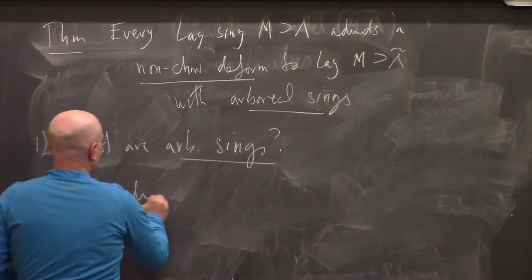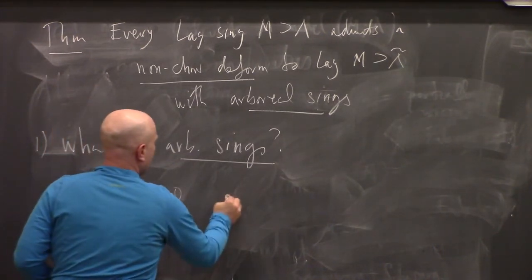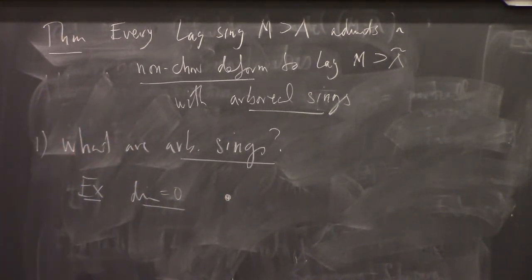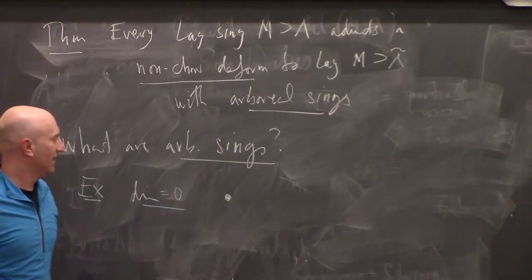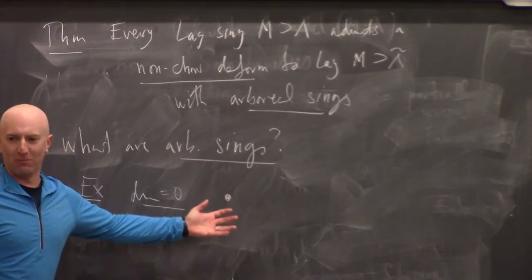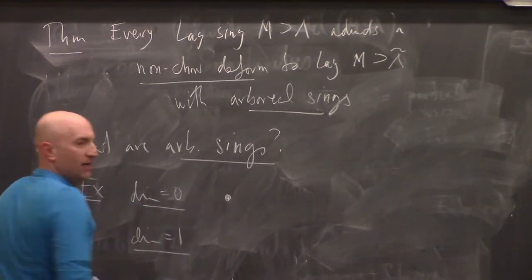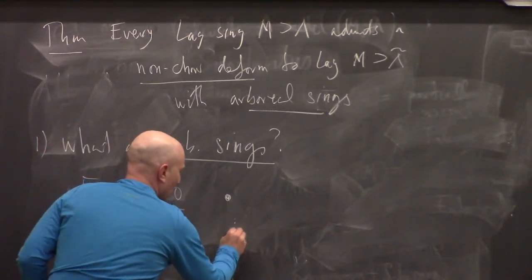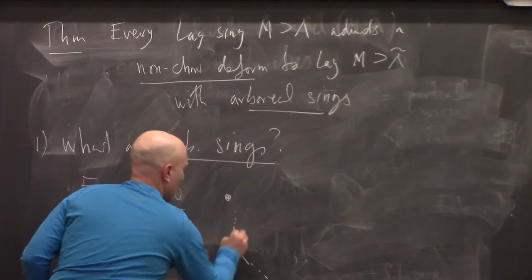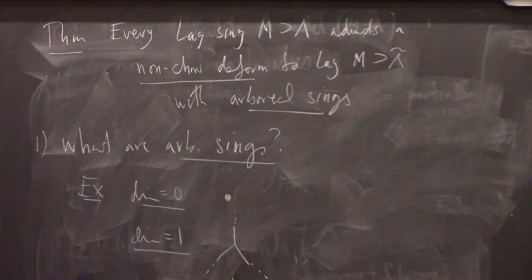Okay, so in dimension 0, there's only one. It's a point. So in codimension 0, every Lagrangian is modeled on a point. Okay? So in dimension equal to 1, the stable singularities are trivalent trees. This is something we all know, that we can move graphs around.